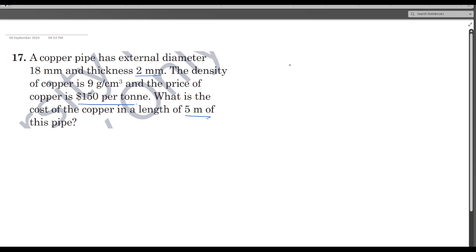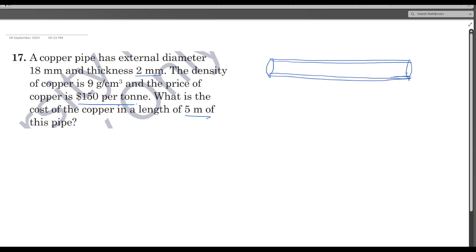Okay, so this is your 5 meter length, and your copper pipe will be a hollow pipe with some thickness. So it is something like this.